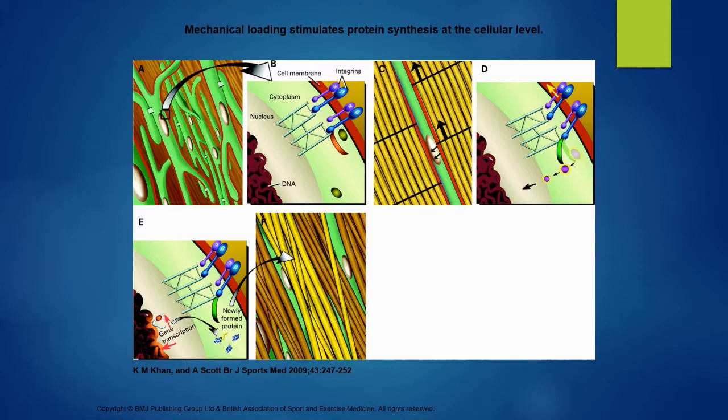Now, the protein that is synthesized, meaning the collagen fibers that is synthesized by the tendon cell, can be either normal, healthy collagen fibers, or can be unhealthy, degenerative, weak type 3 collagen fibers that result in tendon weakening. And it all is based upon the nature and the quantity of mechanical loading.